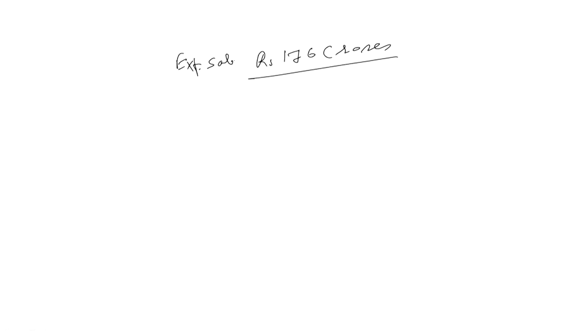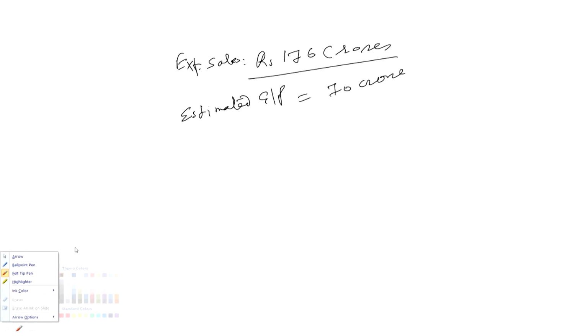So, let us note down the data. These are the expected sales, and the estimated gross profit is about 70 crores. So, we will have to now go for this analysis here.